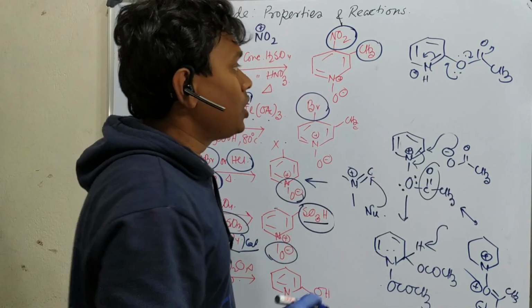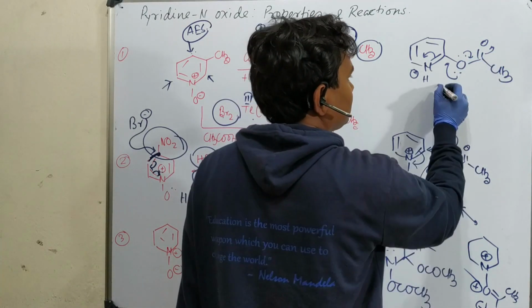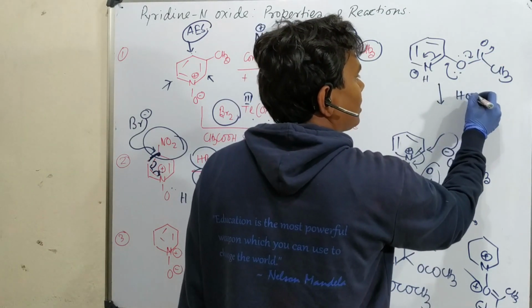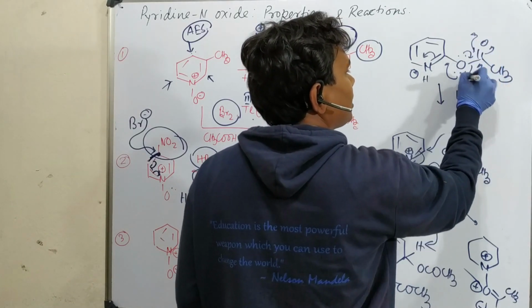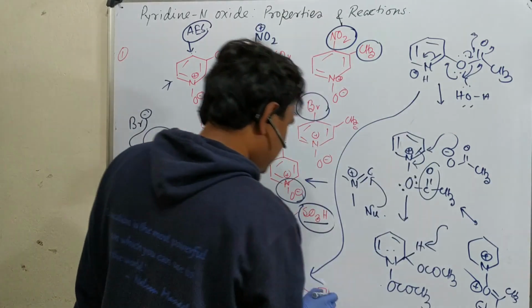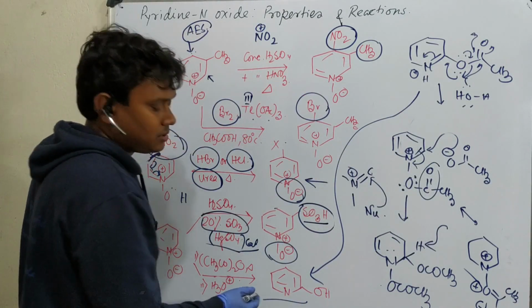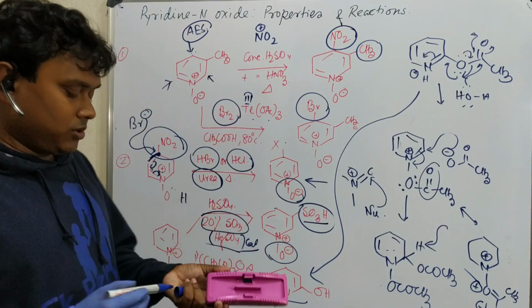So both are possible. What do I mean? That this ester is not a stable molecule. So what happens? Water can attack and hydrolyze. It will attack here, it will come back, it will leave. So the final product is 2-hydroxypyridine. Okay, so this is the overall discussion of this problem.